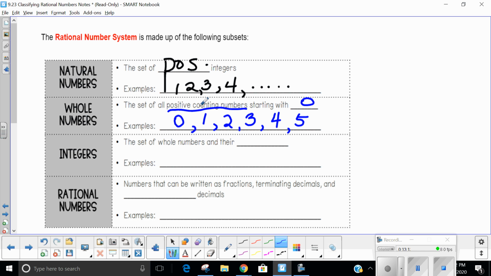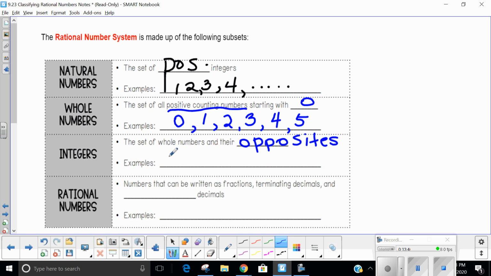Then the group above that is called integers. And integers is the set of whole numbers and their opposites. Okay, so an example of integers would be something like this.